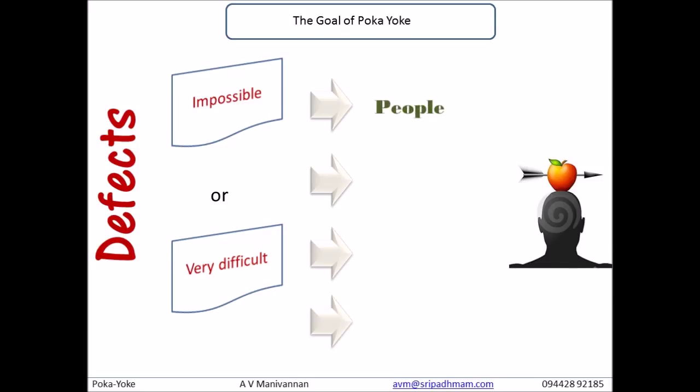By focusing on the people, by focusing on the equipment being used for manufacturing, and also on the key processes, and ultimately to take care of those equipment, people and processes through proper systems. So the goal of Poka Yoke is to make defects impossible, or at least very difficult to commit, by focusing on people, equipment, process and systems.